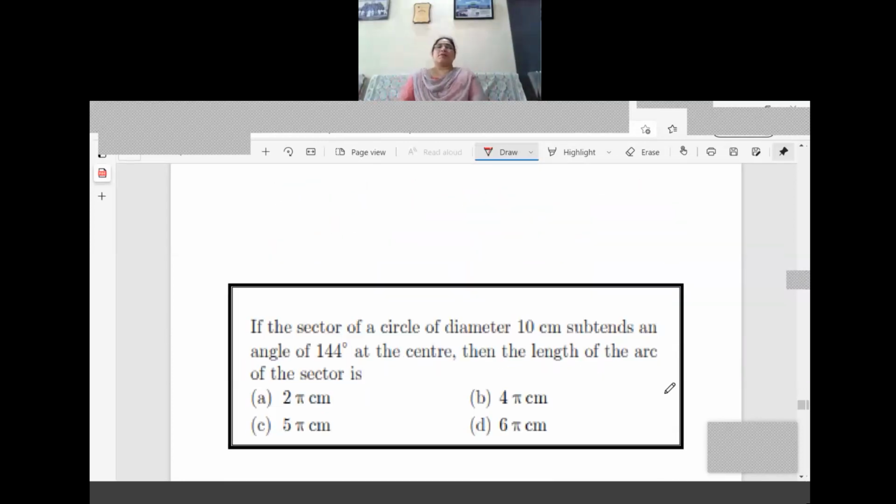Okay, next question you can try. If the sector of the circle of diameter 10 centimeter subtends an angle 144 degree at the center, then the length of the arc of the sector in terms of pi only. Do it fast.